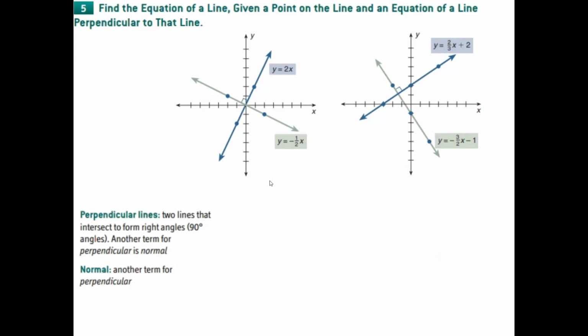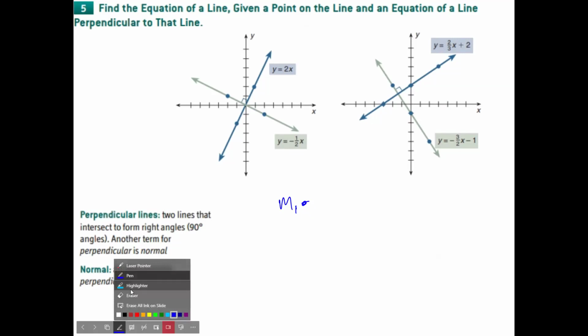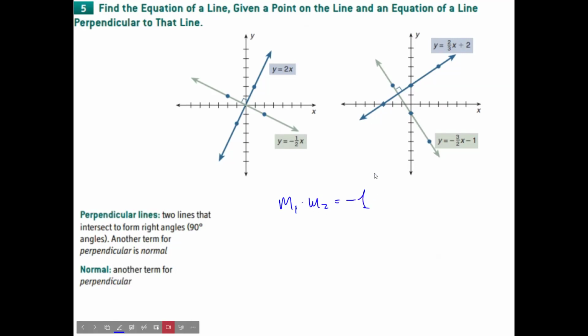So remember, for two perpendicular lines, M1 times M2 is minus 1. Here in this course, they talk about the negative reciprocal. It means M2 equals minus 1 over M1, which is the same thing.